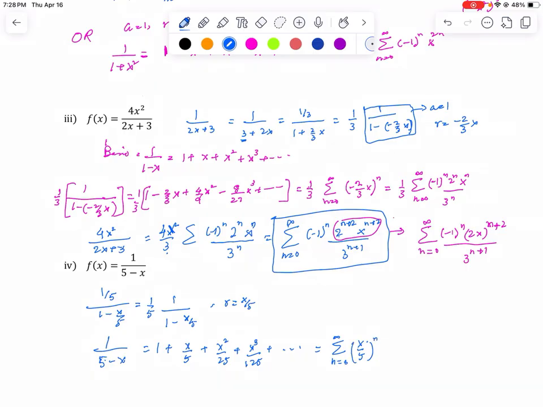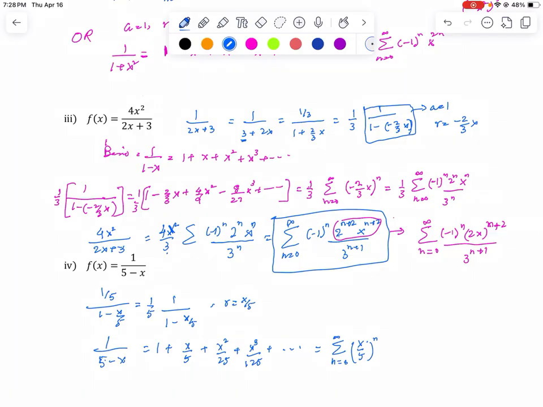That is the series expression. So now in these examples I only found the series, but we have to check their interval of convergence or the domain of the function.